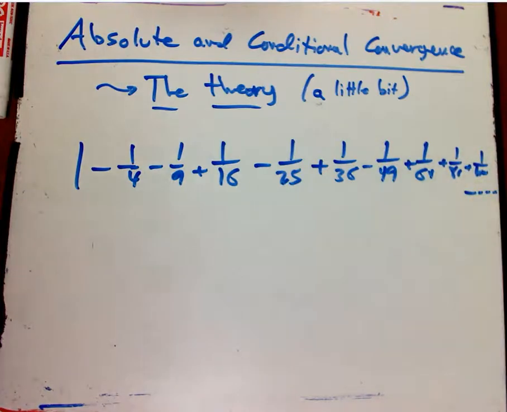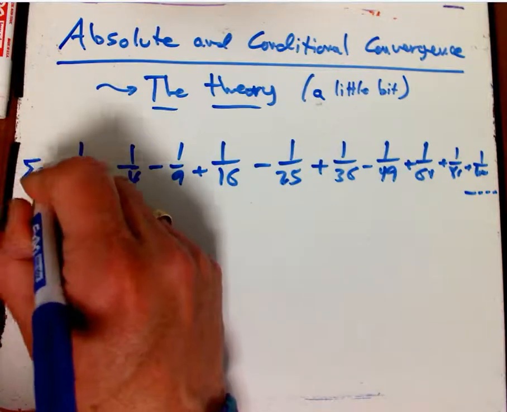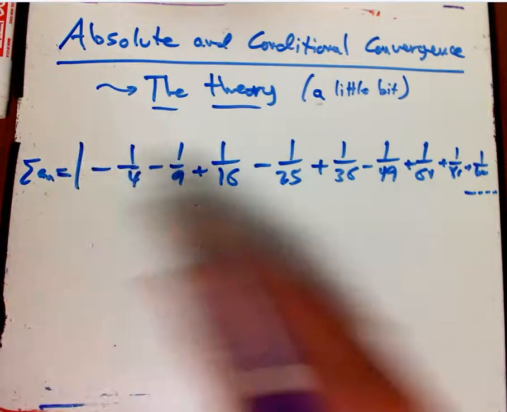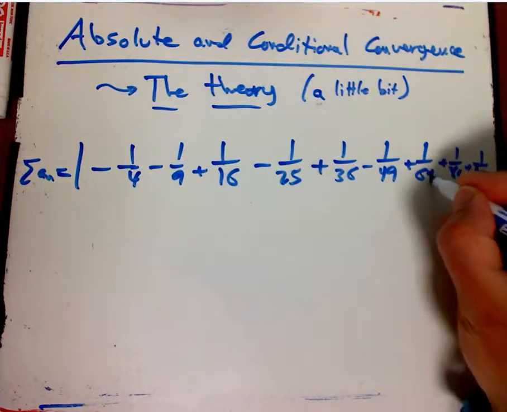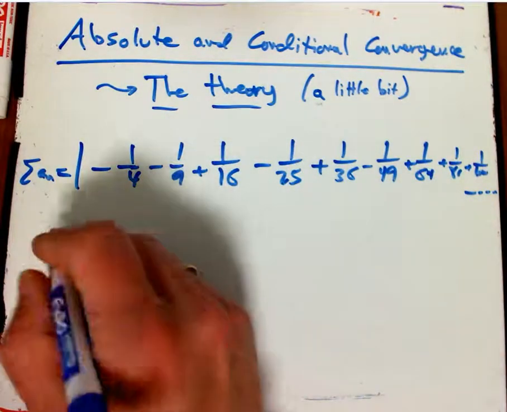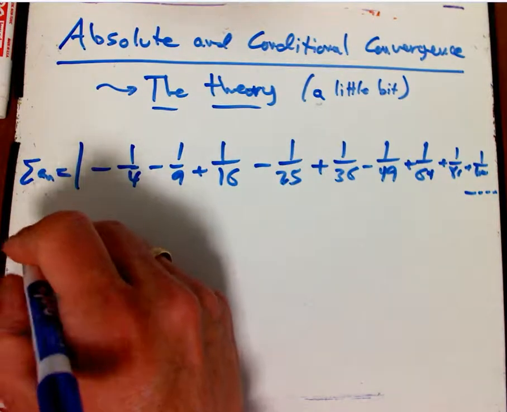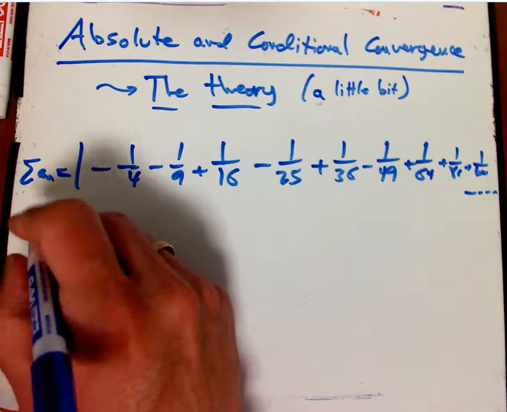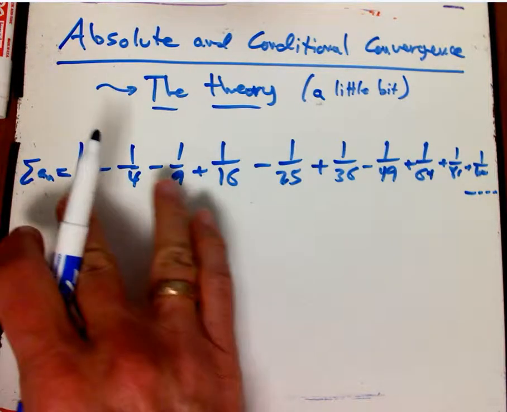So there's our series with the minus signs included, intentionally making it not alternating, so we couldn't use that kind of test. So this has a sequence of partial sums: 1, 1 minus 1/4, etc.